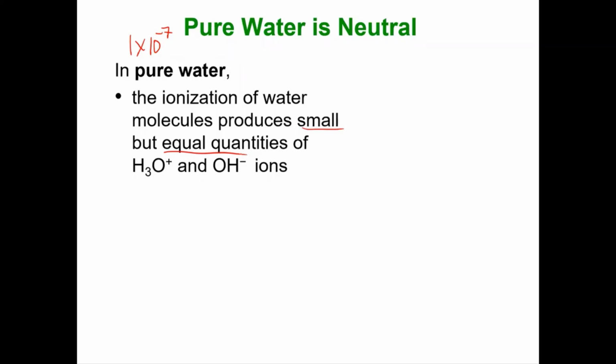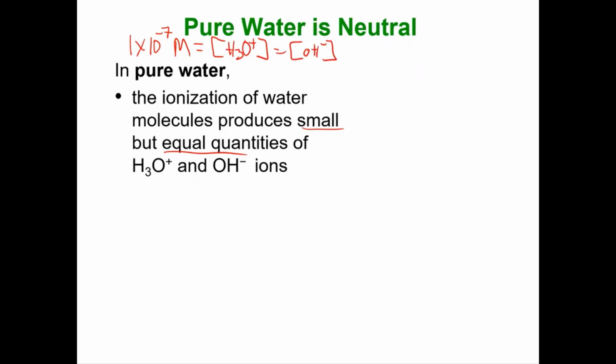So we could write 1 times 10 to the minus 7, big M. What does big M mean again? Molarity, moles per liter. So I could say I have 1 times 10 to the minus 7 moles per liter of hydronium concentration, which is also equal to my hydroxide.